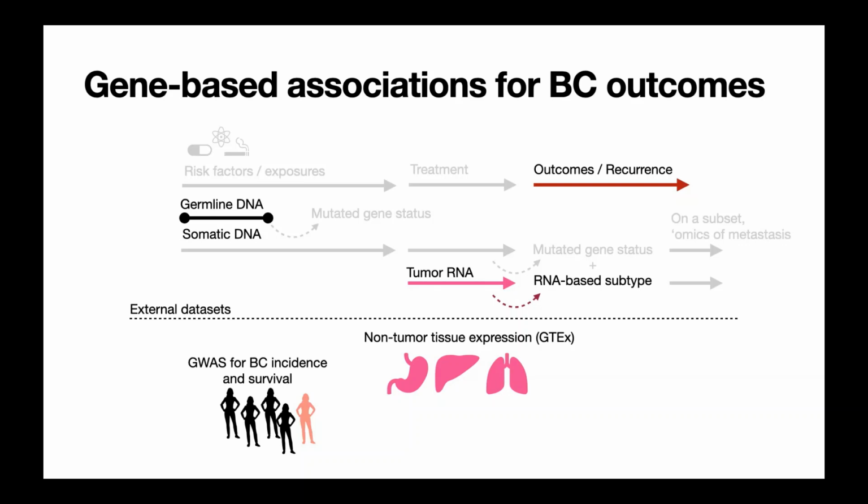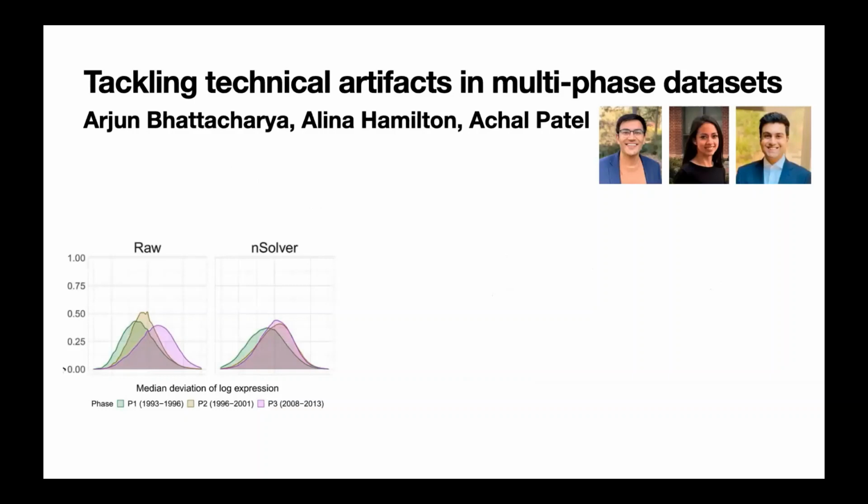The idea here basically is, instead of just doing an association for every position in the genome, we're going to use information about the tumor RNA to collapse the information from the genotype to units which are based on genes. So it's a data integration where we have fixed weights, which are mapping from the germline DNA to the tumor RNA. I'll have a slide that shows it more clearly. So that's what we wanted to do.